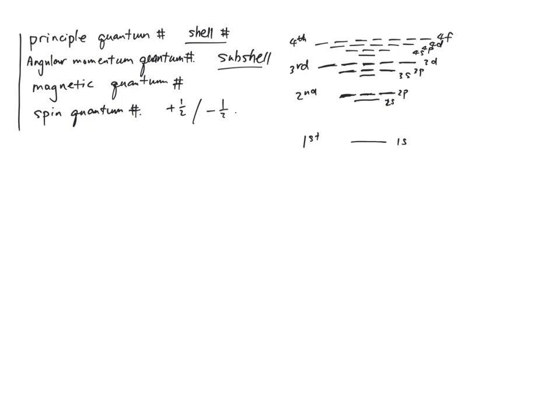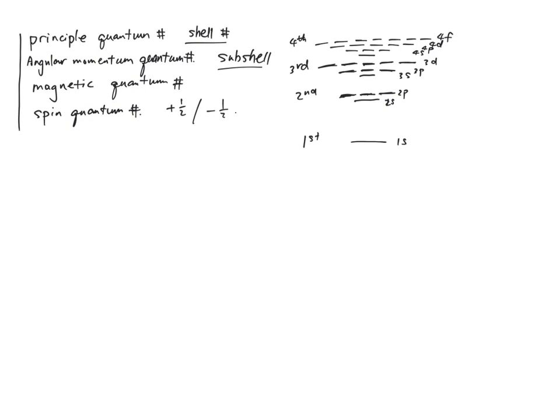So with all four quantum numbers, we essentially built a structure to identify every single electron within a given atom, regardless of how many electrons you have in there.